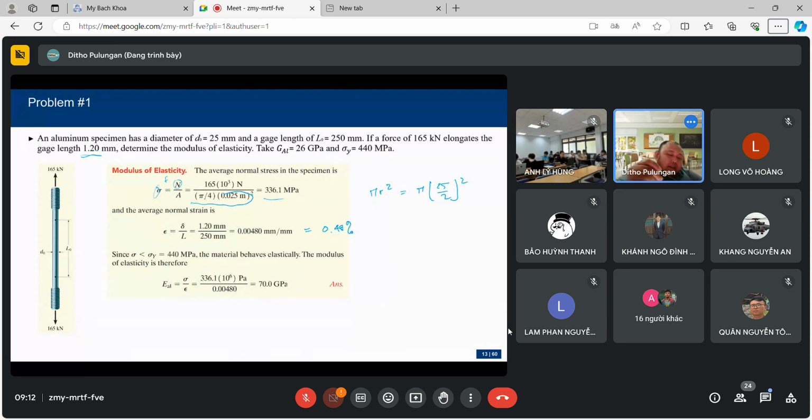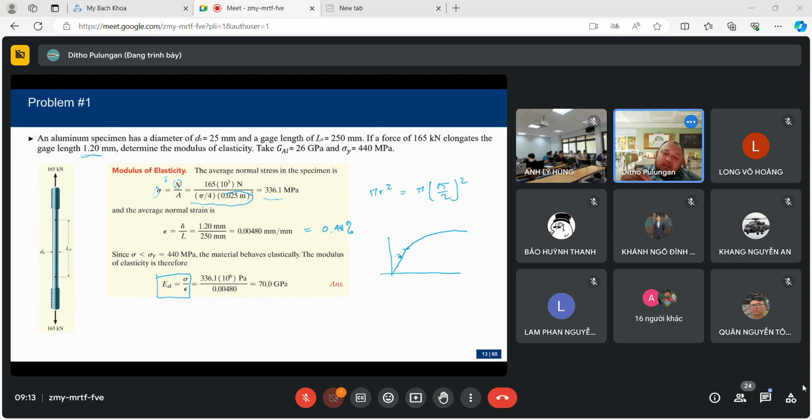Okay, and then what you need to do is to check whether sigma is lower than sigma y, because if sigma is larger than sigma y, you cannot do this. Yeah, this equation only holds for this elastic region.